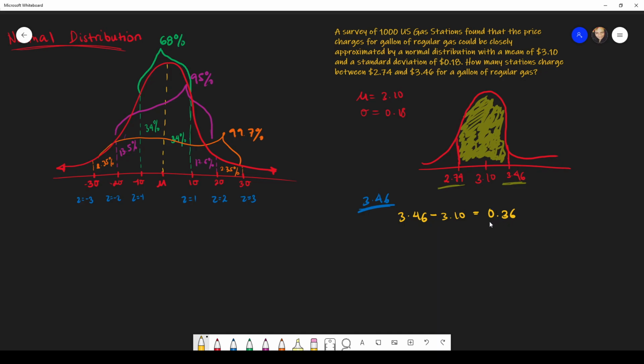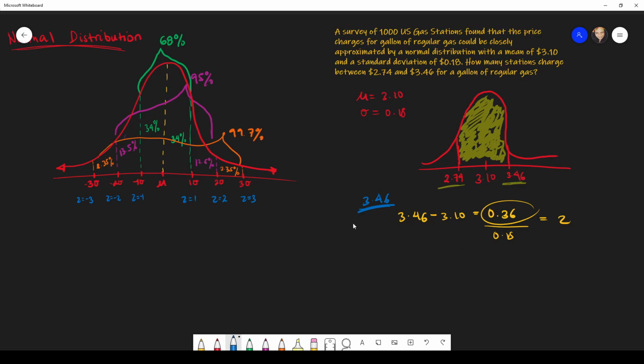Now, how many standard deviations are in this value of 0.36? I just have to divide this by 0.18, and that would give me 2. So there are 2 standard deviations between the mean and 3.46, between 3.10 and 3.46.